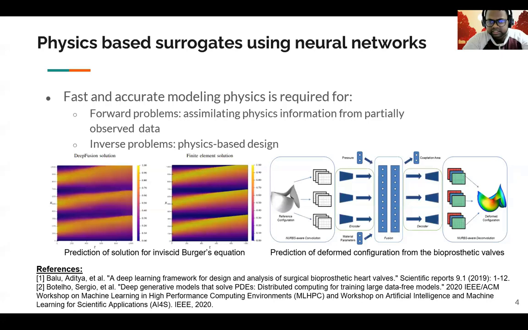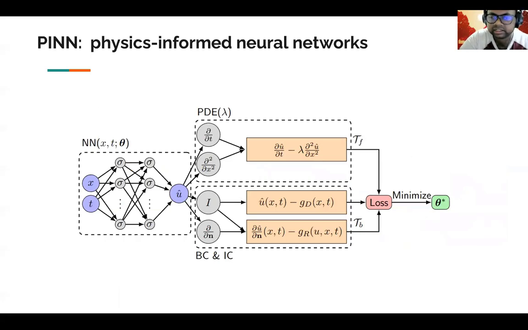Both require physics-based surrogate neural networks, and we have covered in sessions 3 and 4 how physics-informed neural networks are one particular approach you can use for representing neural surrogates or physics-based surrogates.